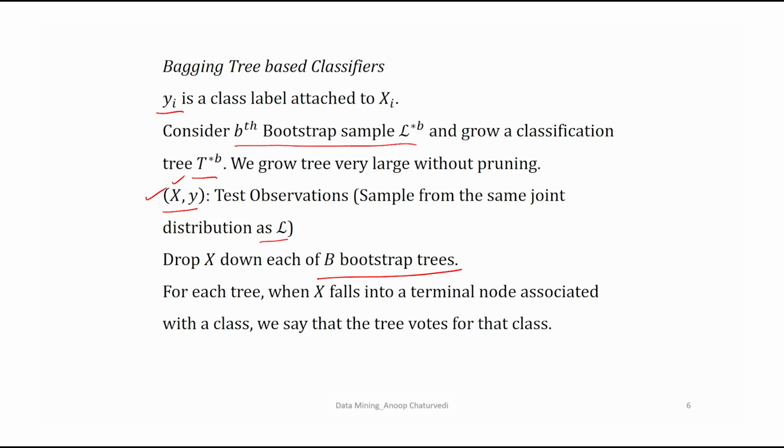So, for each bootstrap tree, we get a class label for x. Since we are using different bootstrap samples, different bootstrap samples may lead to different classes. So, the problem is how to select a particular class for x. Suppose x falls down to a particular terminal node, then we say that the tree votes for that particular class.